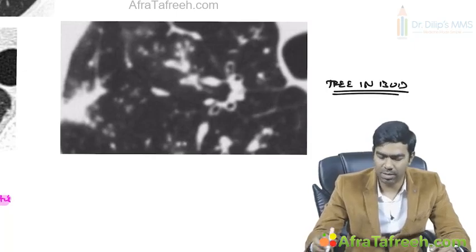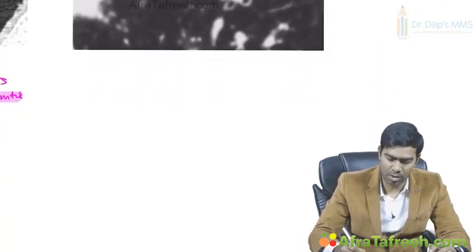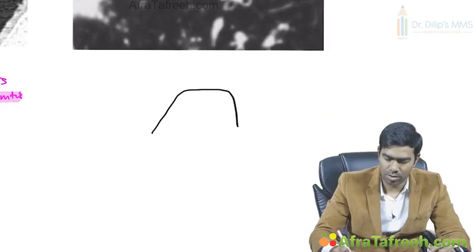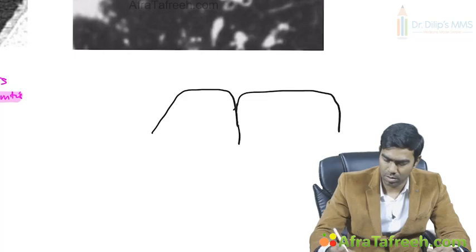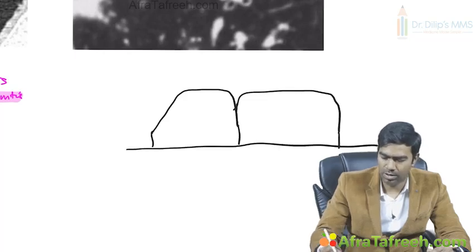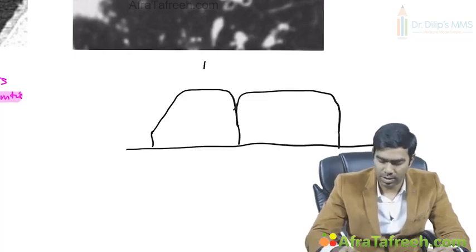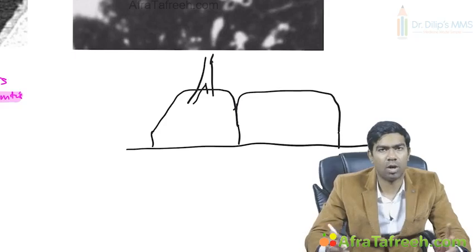What do you mean by a tree in bud appearance? Let us assume I'm drawing a secondary pulmonary lobule again. This is a pleural base surface. This is a lobular bronchiole.